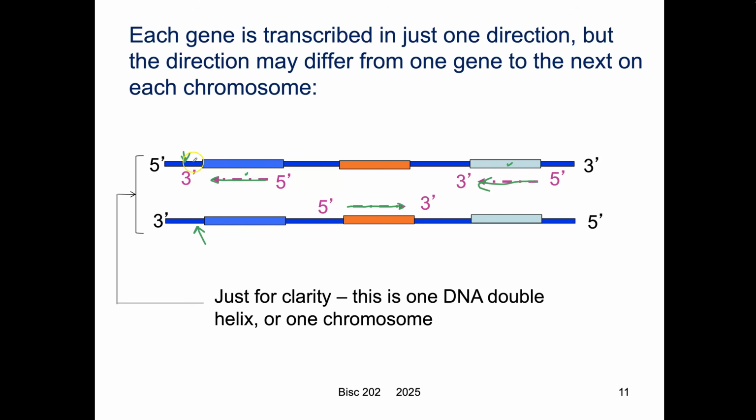A lot of students feel that if you looked at a chromosome, the coding strand is just one of the whole strands of the whole chromosome, but it's different for each gene. So this would be template and coding, this would be template and coding, and this would be template and coding. These terms are specific to each gene, not to an entire chromosome. I'm just trying to be really clear about that.